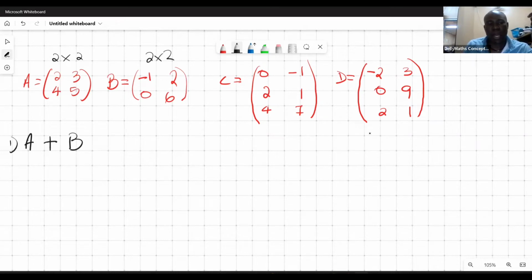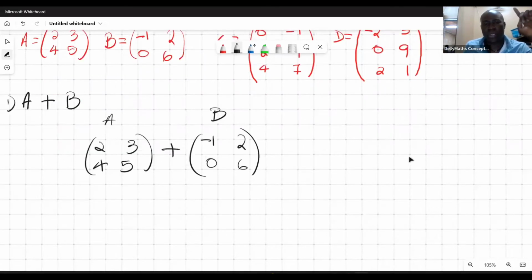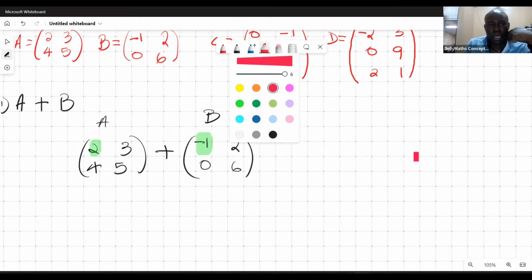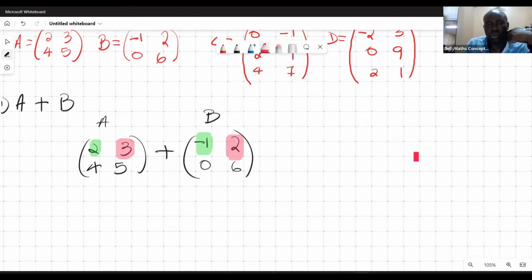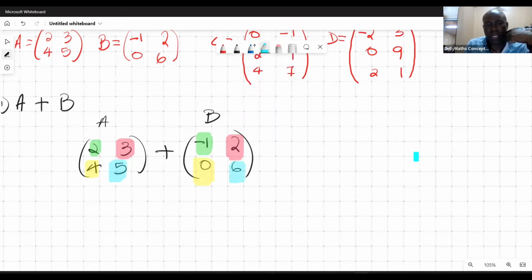So let us set up what we have. Now, the reason why we can only add or subtract matrices of the same order is that we're adding corresponding spots. For example, number 2 will be added to -1. Number 3 will be added to 2. Number 4 will be added to the 0. And number 5 will be added to 6.